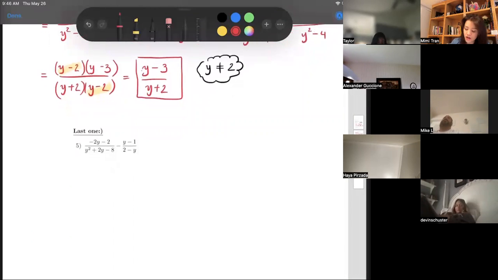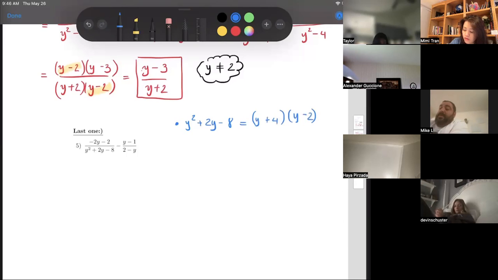I'm going to factor out the bottom, see y squared plus 2y minus 8. Can someone factor this for me? I think it's 4 and negative 2.